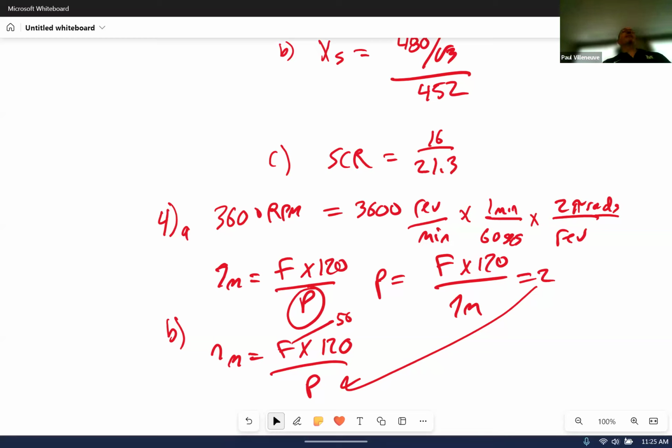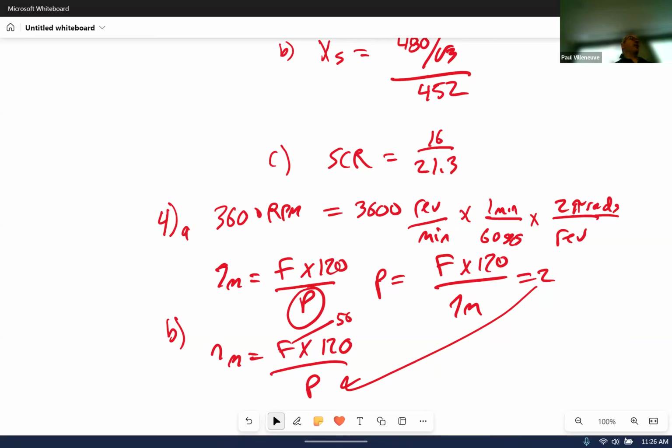Any questions on number 4? Yes, sir. Say it again. N sub n, this is the rotational speed in RPM. Yeah, problem number 1 says the motor rotational speed is 3,600 RPM.